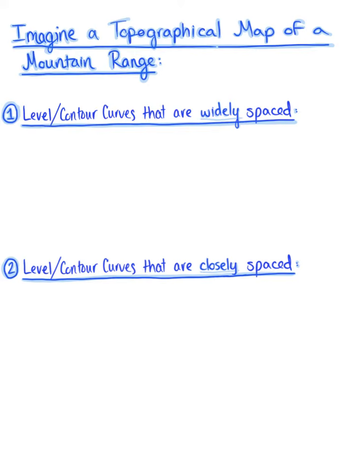So to help relate level curves and contour curves to the real world, I want you guys to all imagine a topographical map of a mountain range. And if you're thinking, what is a topographical map of a mountain range? I want you to Google this right now.